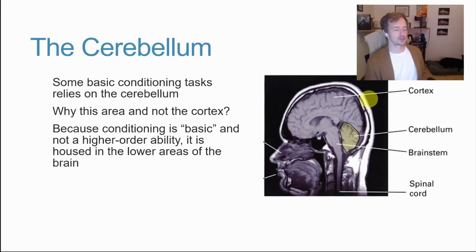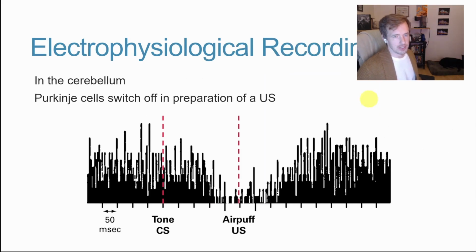When we do classical conditioning tasks, we see that the cerebellum is activated. It is one of those areas. We can see that here with what are called the Purkinje cells. The Purkinje cell is a very specific type of neuron. There's a lot to unpack here, so I apologize. Here, the x-axis is time, and time just goes on as a matter of course.